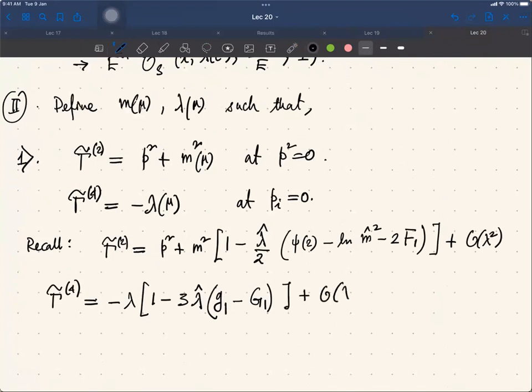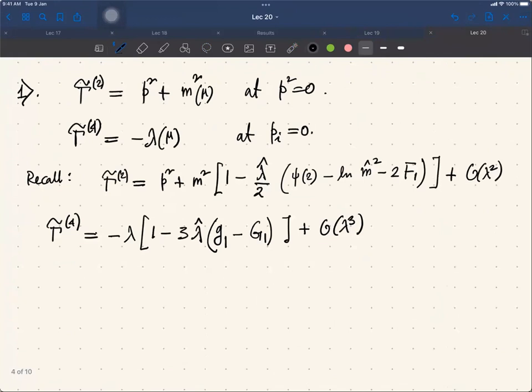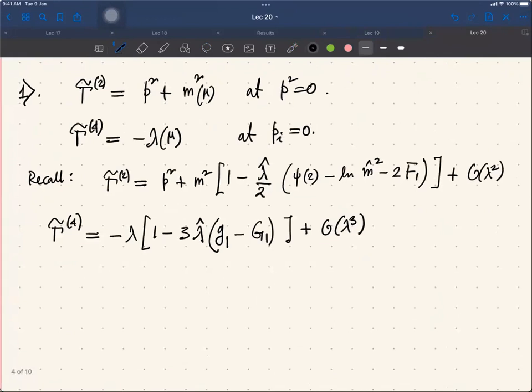Plus order lambda cube. Now we have to calculate this at pi equals 0. So let us see what this is. 1 minus 3 lambda hat.